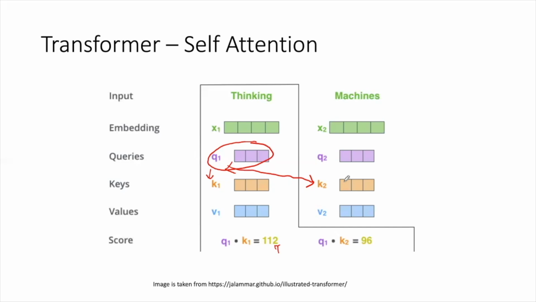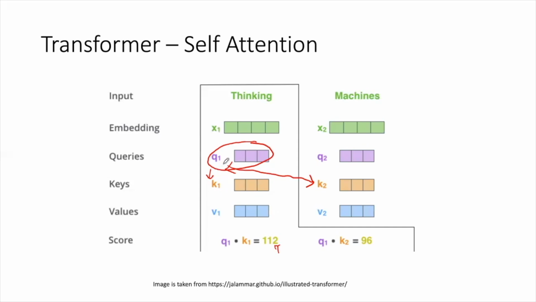The closest key vector is depicted by this dot product. The higher the dot product, the closer the two vectors are. So the relevance of the key vector to the query is represented by the dot product. That's one way in which we can capture the relevance of a key and the query.